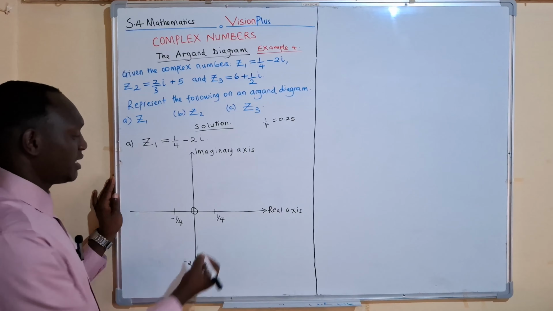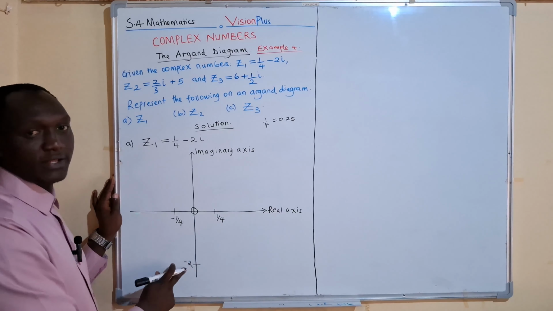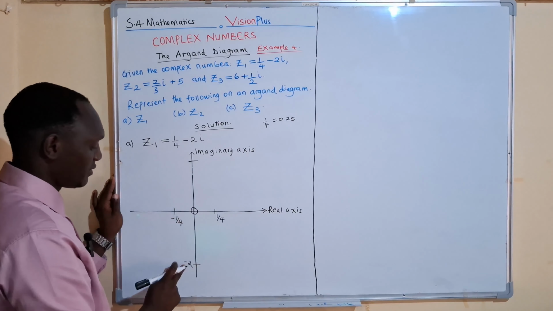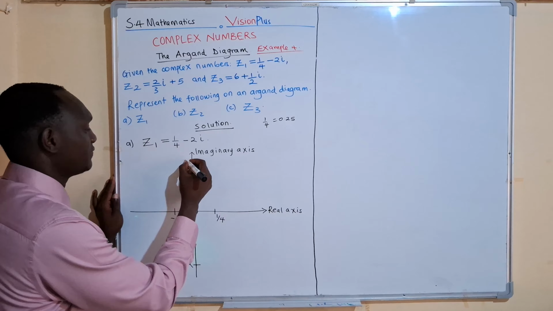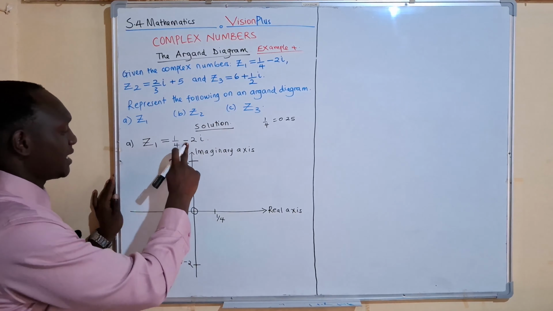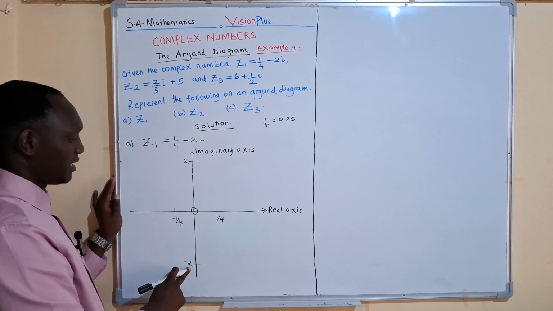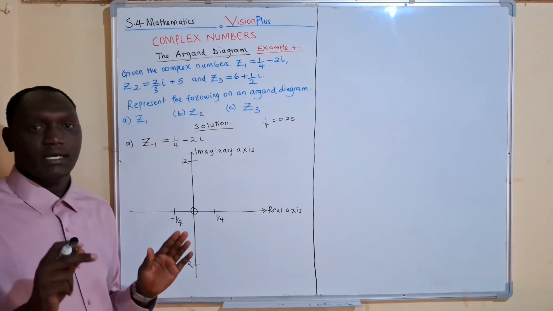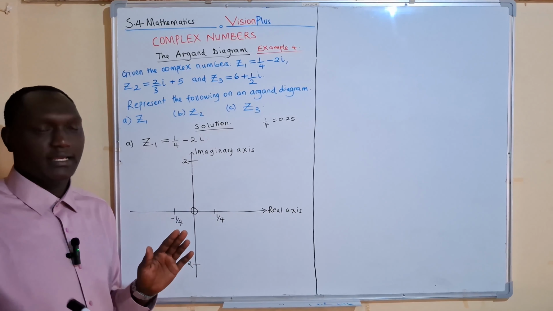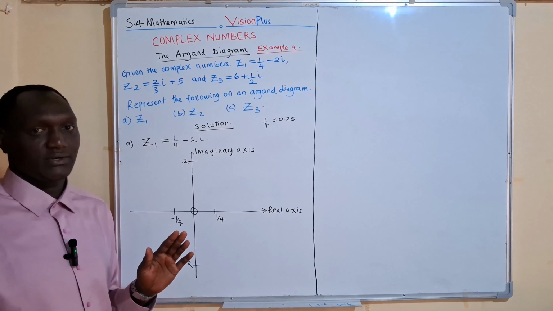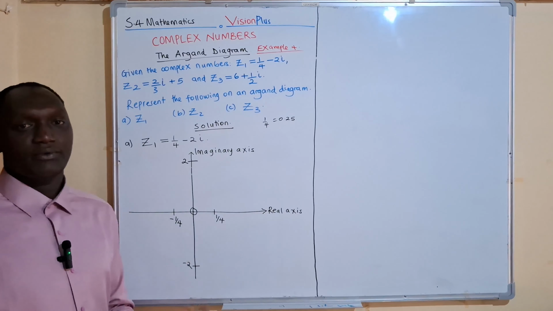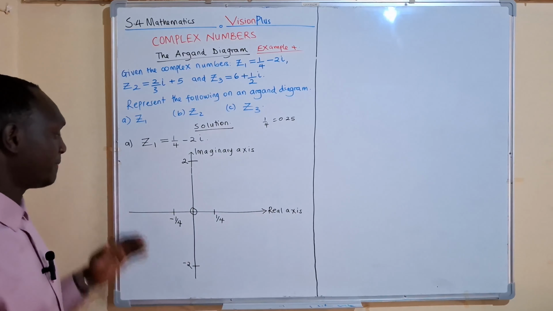Why? Because 1/4 is smaller than 2. And then you come and mark the corresponding value on the positive part of the imaginary axis here too. It was negative 2. We have indicated it down here. This is how you represent complex numbers on the Argand diagram when they are fractions or decimal numbers that you cannot easily approximate to scale.